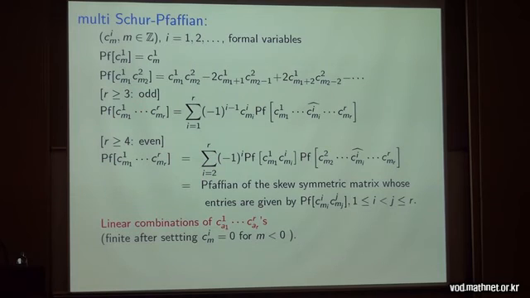It's different in the odd case and in the even case. The odd case you can define inductively this way, and also the even case is defined inductively this way. If you look at the formula for the even case, this actually gives you the usual Pfaffian of the skew-symmetric matrix whose entries are given by those two-term Pfaffians, described this way.